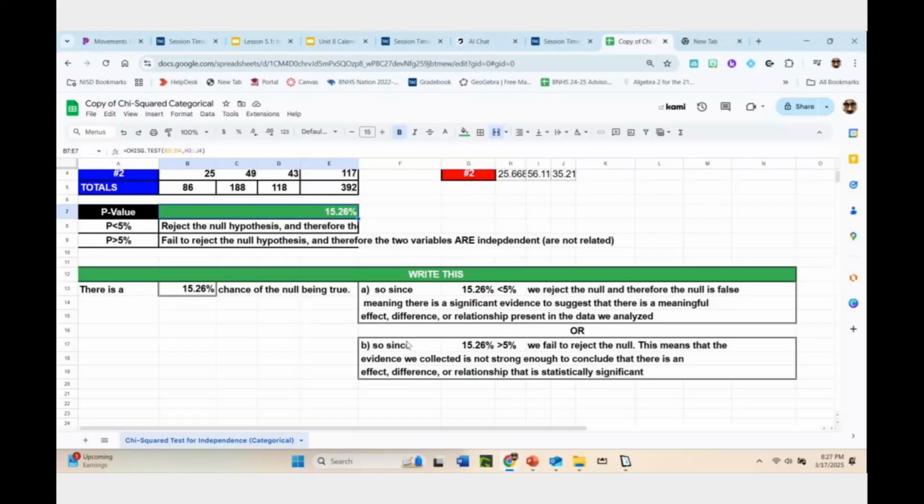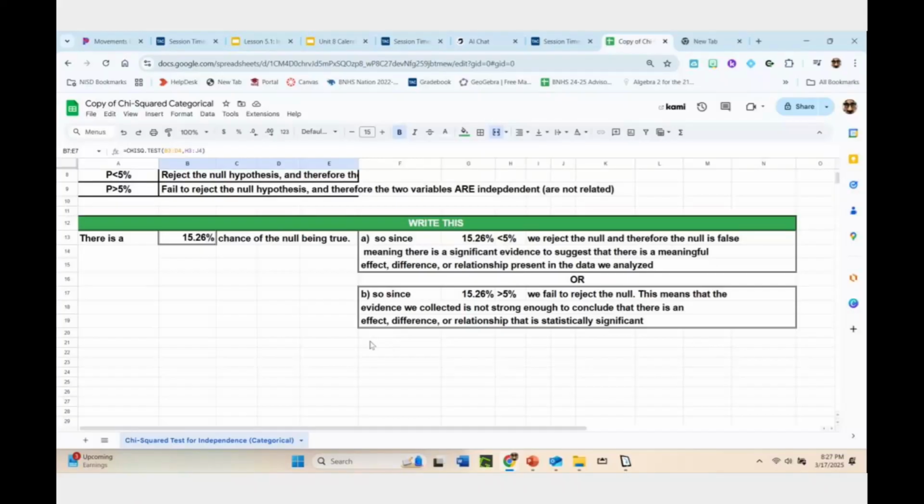part of your interpretation of this p-value is writing down what we have down here, what says write this. If you remember that p-value video that we just watched, it said we assume the null hypothesis is true. So this p-value is telling us what percent chance of the null being true.